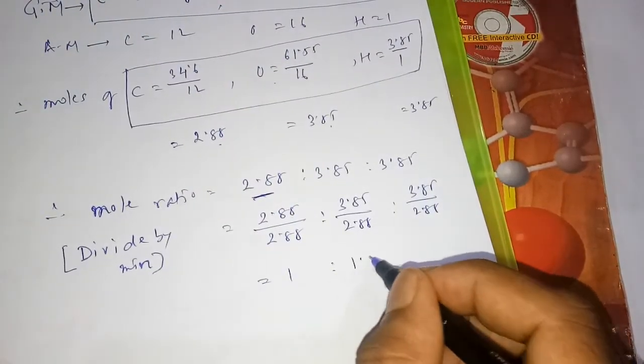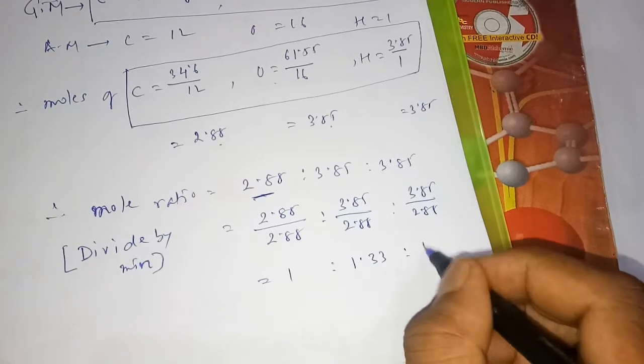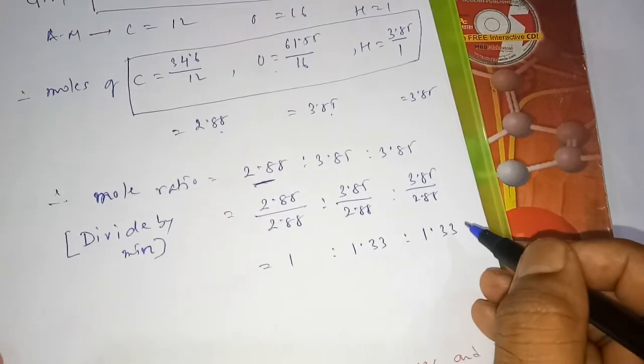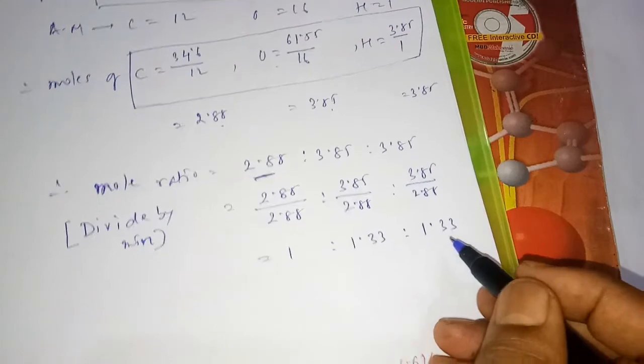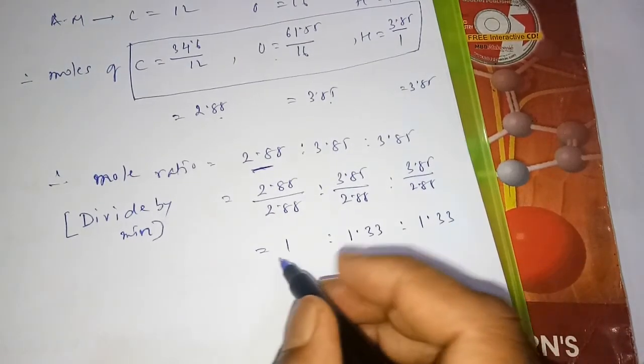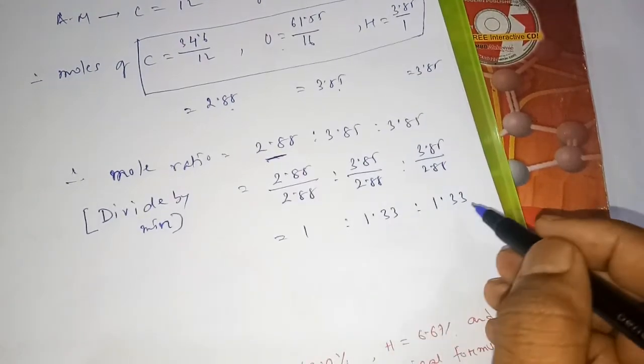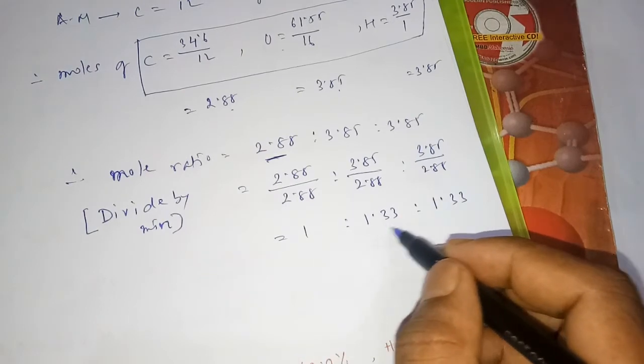This is 1, this is 1.33, this becomes 1.33. Now in this case, students, multiply all of them by 3 because you have to convert that into whole numbers.